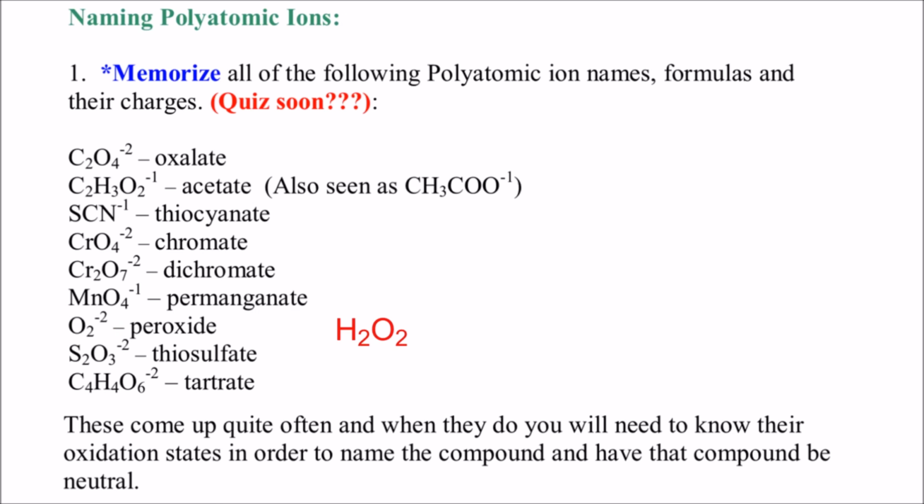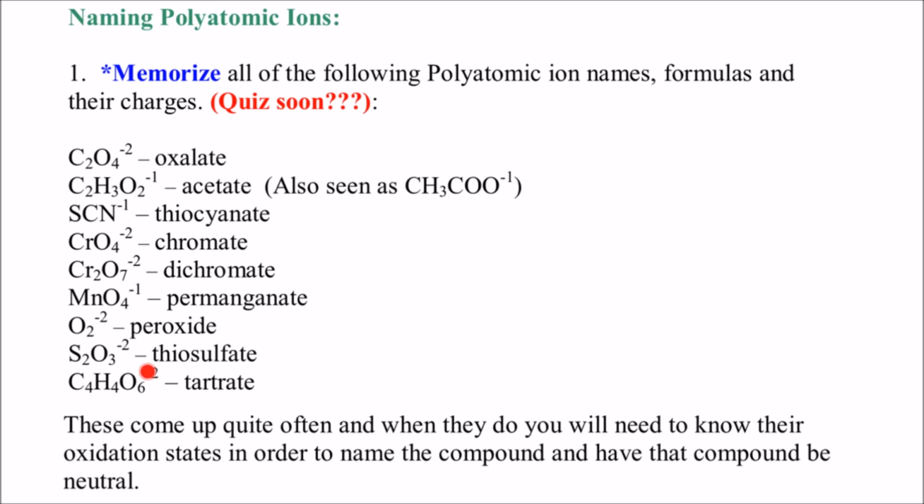So I don't know if that'll be helpful or not, but sometimes I find that useful. Okay, then we have the thiosulfate. Remember, thio is telling me that there's a sulfur here. SOs, COs, and CROs are -2, and then you're going to have to just remember that there's 2 sulfurs and 3 oxygens in that molecule.